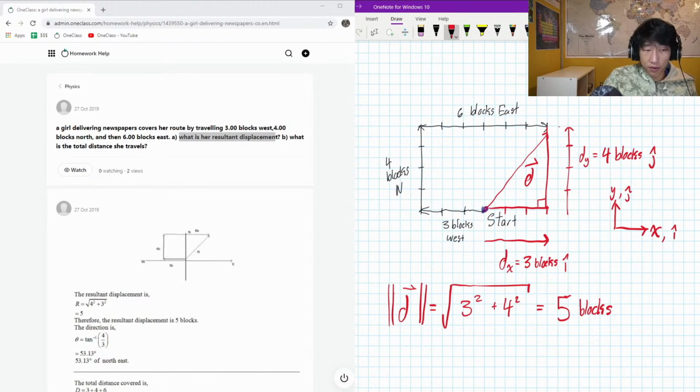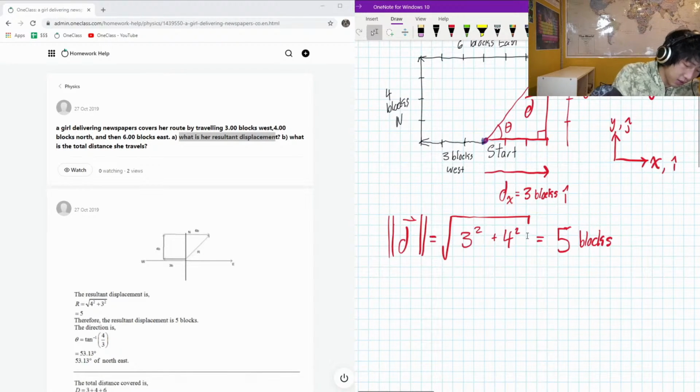Now that's one step of our displacement journey, but displacement is a vector. We have the magnitude, we also need the direction, and our direction can be represented by that angle right there. How would we find that angle? I'm glad you asked. We can just use the power of an inverse tangent, right? We know that the relationship for a right angle triangle between the angle and its opposite and adjacent is tangent.